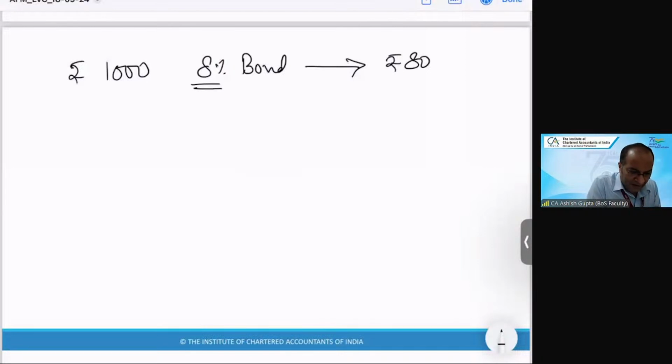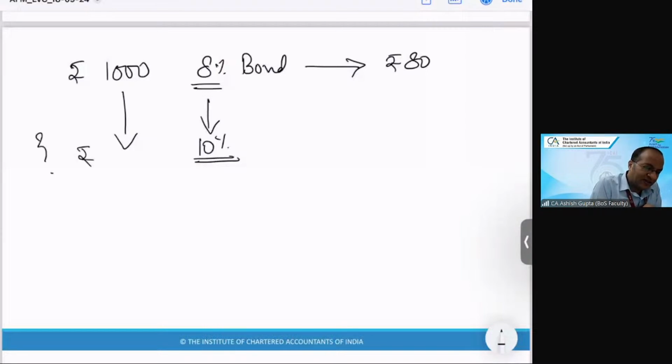Now suppose tomorrow this rate of interest has become 10%. Now the question arises whether this bond will be sold at the same price of 1000.